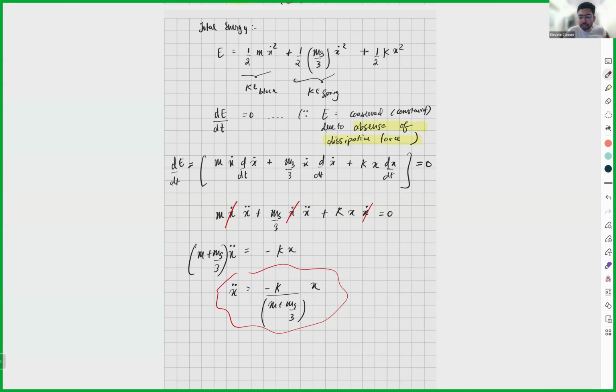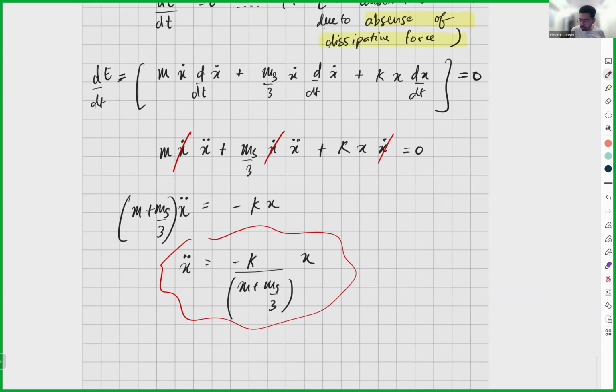So what happens is when you equate the time derivative of energy with 0, for a conservative system, this will obey, right? dE by dt will be 0. So if you find this dE by dt equal to 0 by putting the energy expression into that, then you automatically get the equation of motion. So this is a way in general to arrive at the equation of motion.